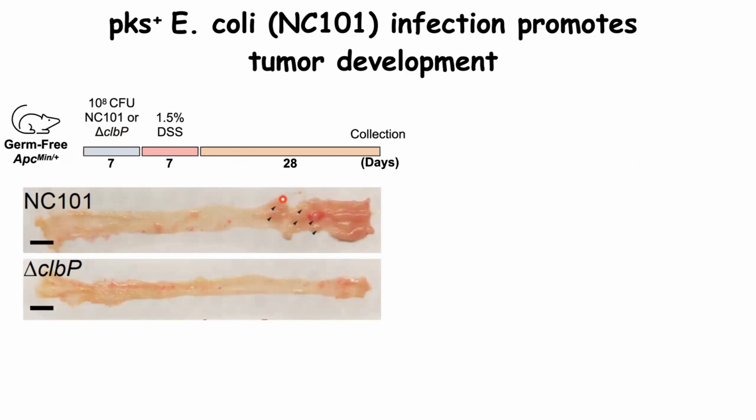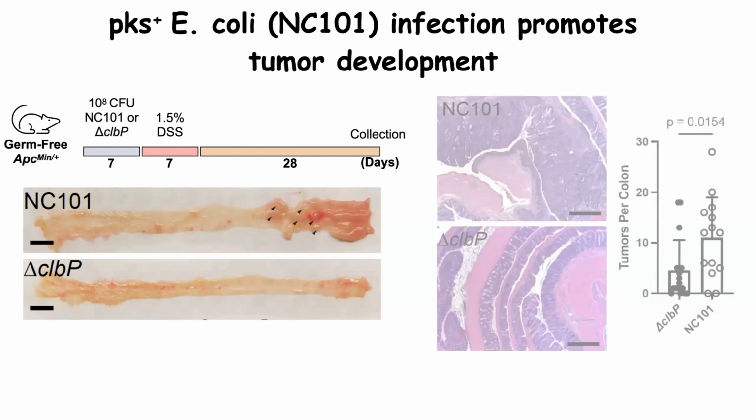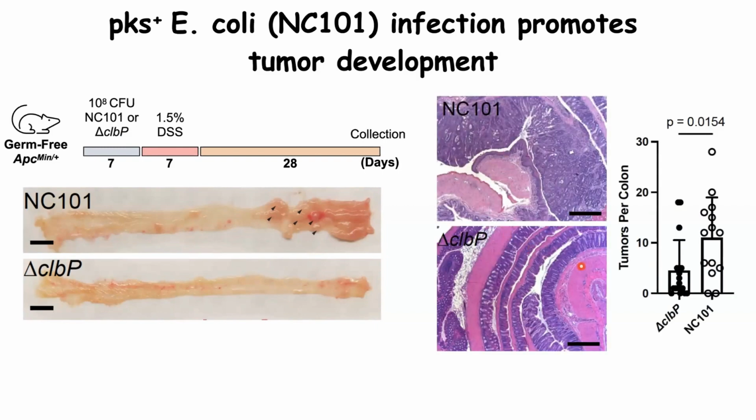And we collected these tumors, okay? And also collected the tissue here from the non-colibactin-producing mouse. And we confirmed that they are tumors. You could see the number of tumors increasing if you have NC101. If you don't have active colibactin, you have fewer tumors.